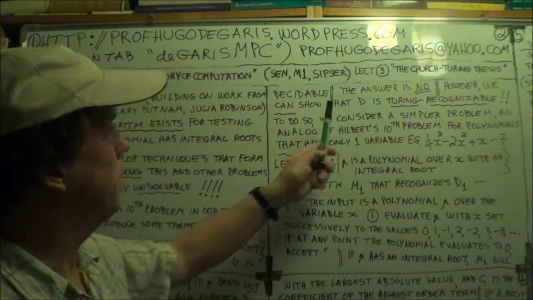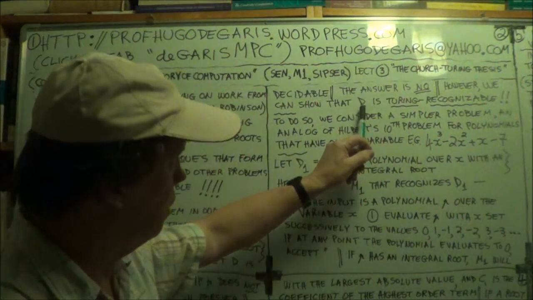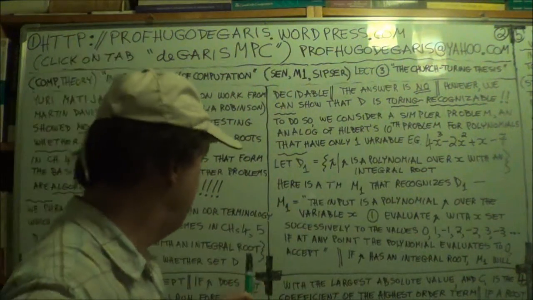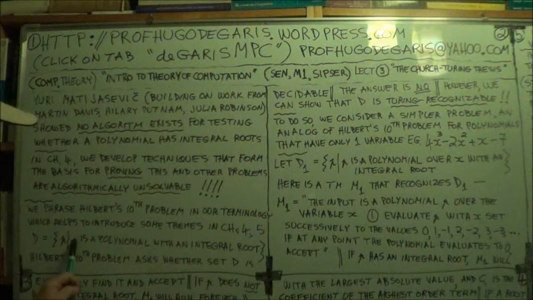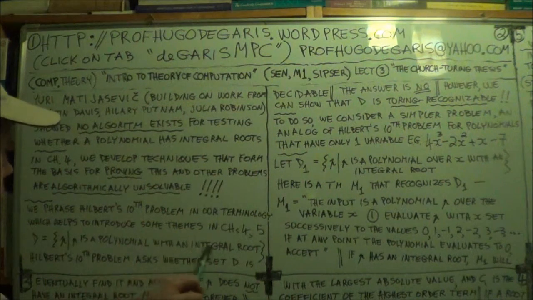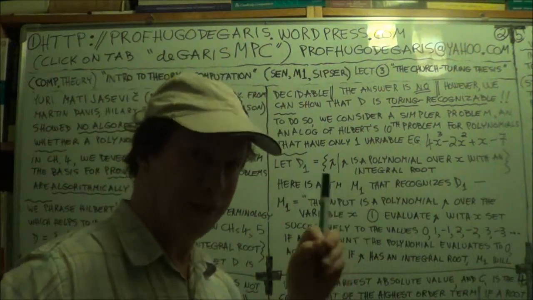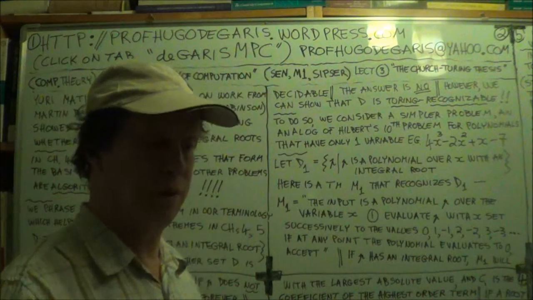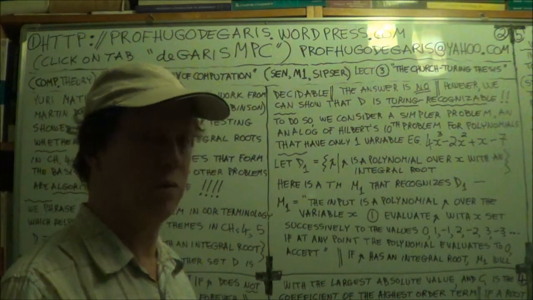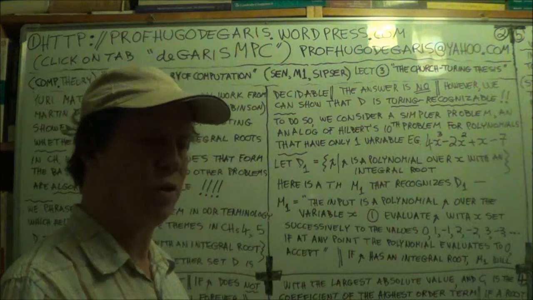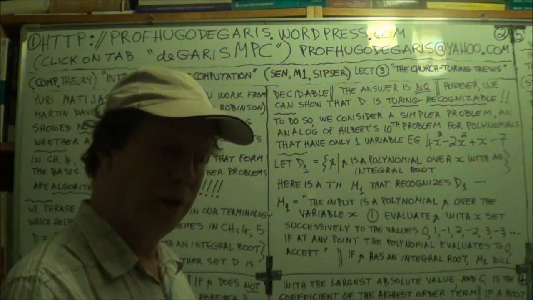Okay, but you can show that D is Turing recognizable. So in other words, if this member P does have an integral root, then there is a Turing machine that will notice that. It will observe that string.